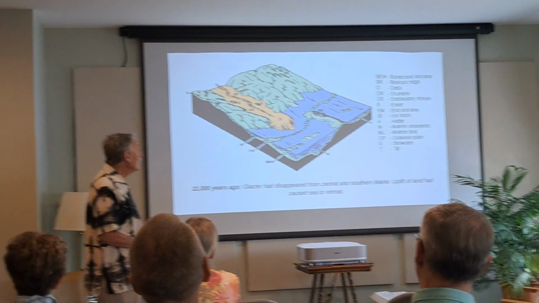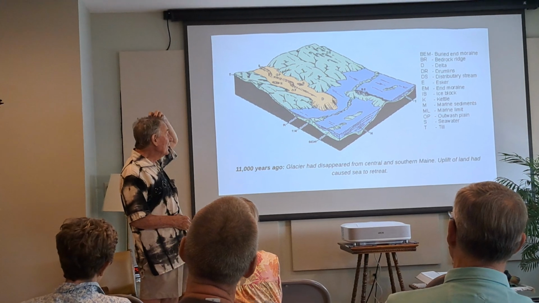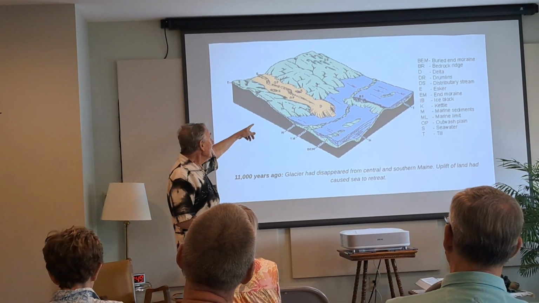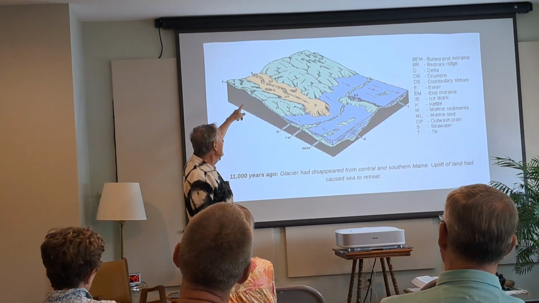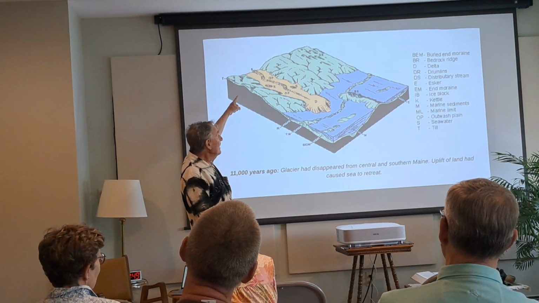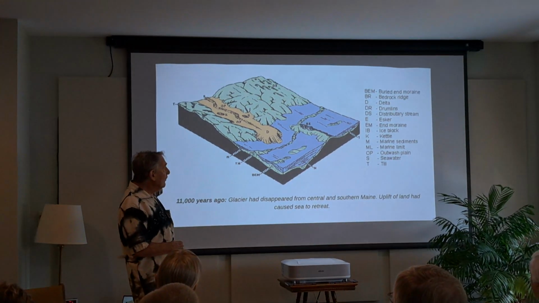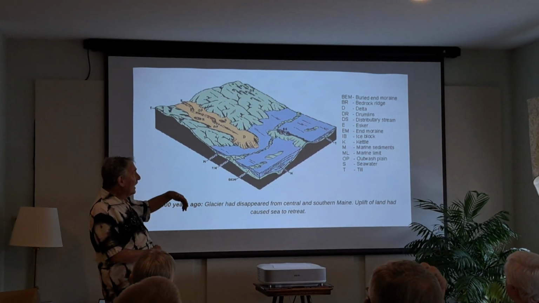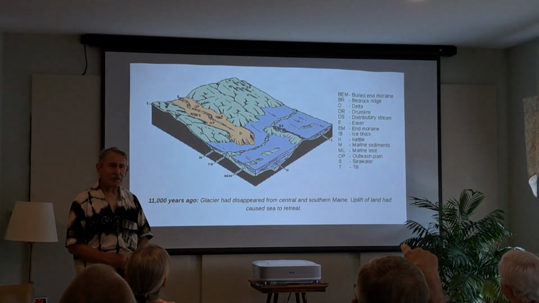And then here's another one where the ice has gone, and you're left with all of these landforms, and OP is this outwash plain. This is an esker coming down the middle. You see the E up at the top. This is an esker, and it's covered by other sediments. I don't expect you to remember all those various forms.